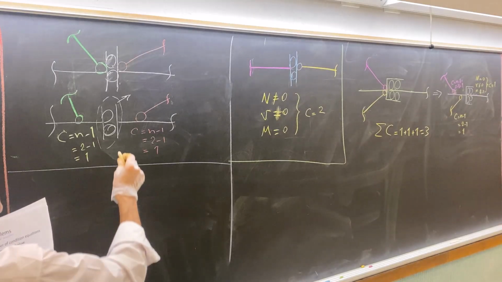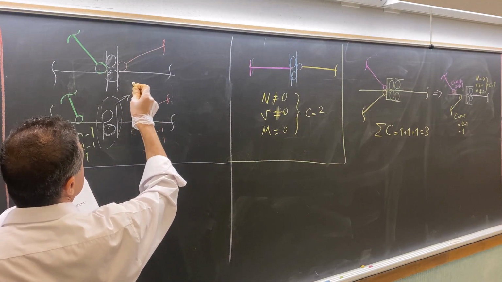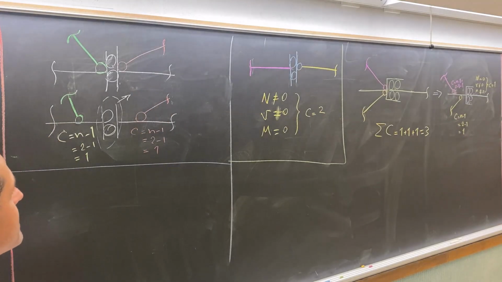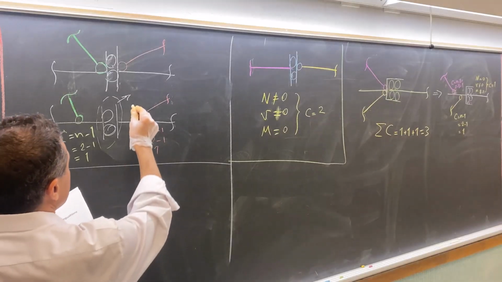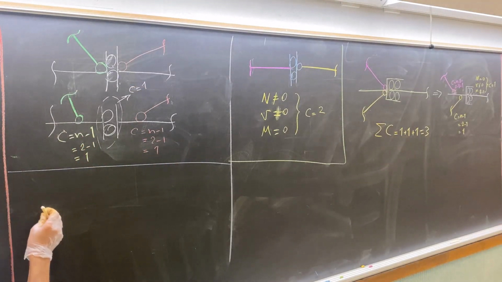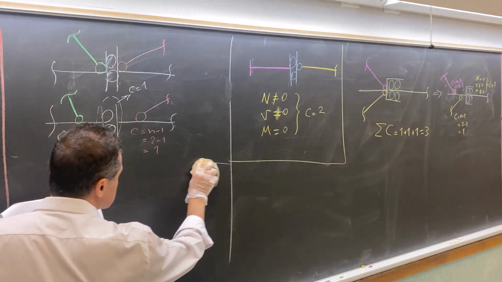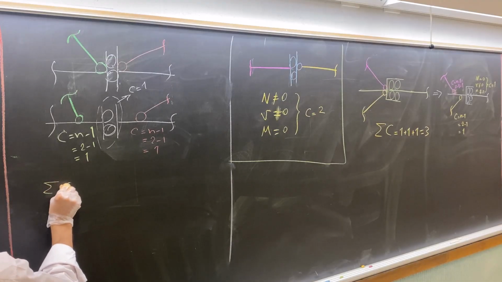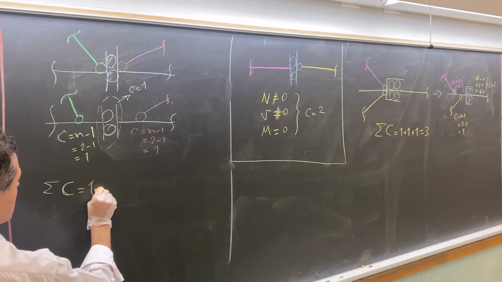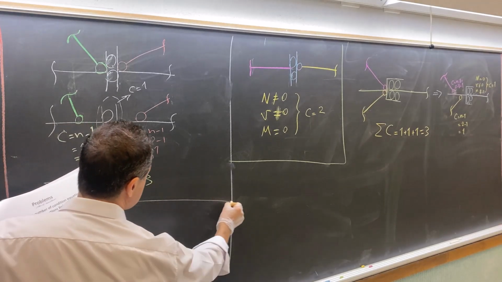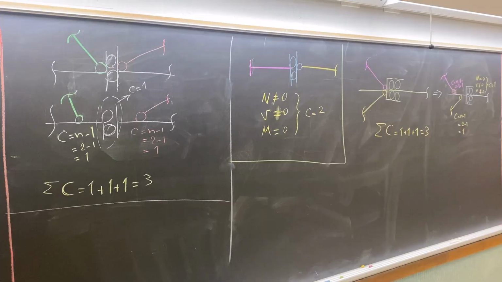N is not 0, moment is not 0, shear force is 0. We already discussed this, so C is 1 for this. So we add them together. Sigma C is 1 plus 1 plus 1 is 3. So this special connection without a name gives us 3 condition equations.